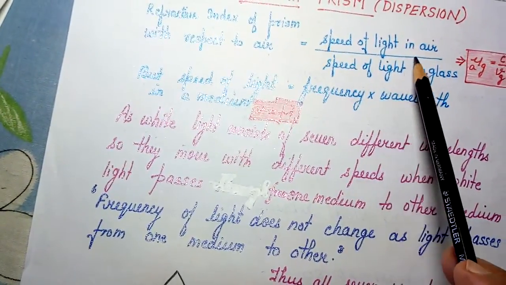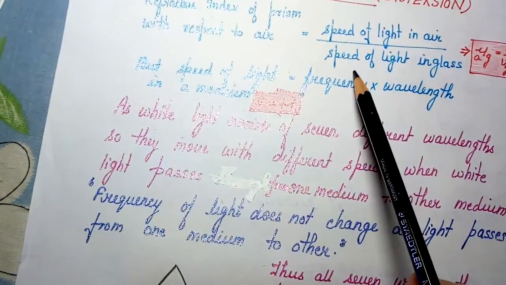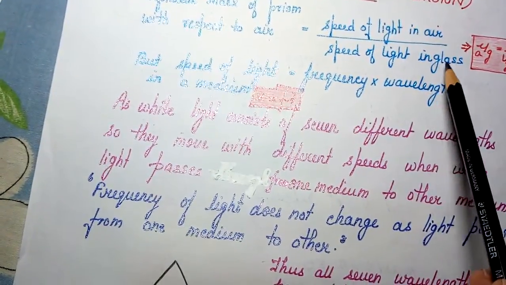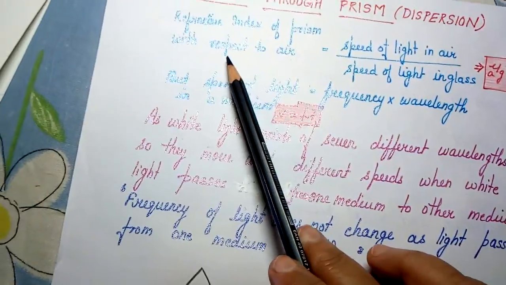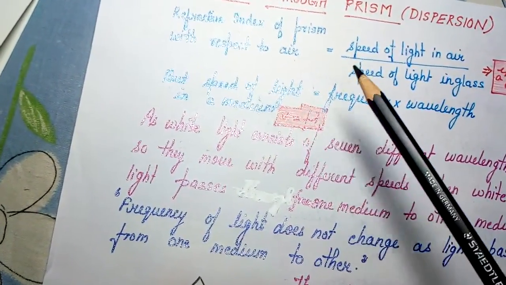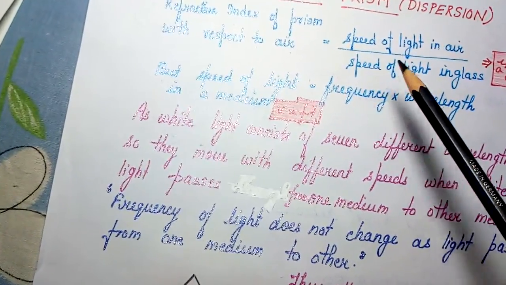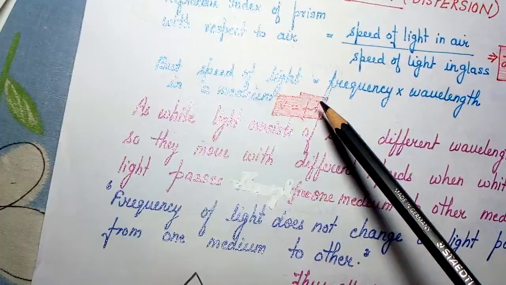Actually, all 7 colors move in air with same speed, but they move with different speed in the medium. So refractive index of the medium is different for violet, is different for indigo, is different for blue, for red, for green, for yellow.